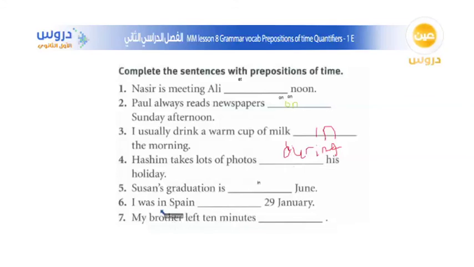Number 6. I was in Spain blank 29 January. What do you think? All of you answer this on the board. On. Exactly, that's correct. But I want all of you to write on here.